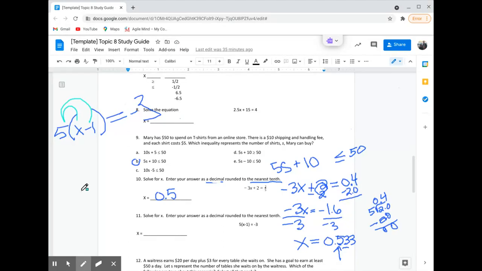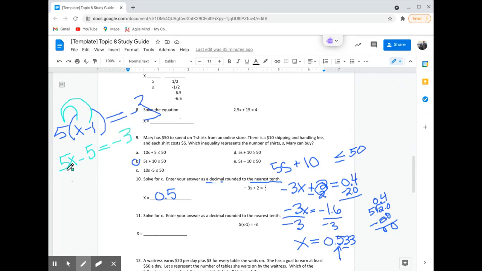Starts with a D. Distributive. The distributive property. So we do 5 times x, and we get 5x. And we do 5 times negative 1, and we get negative what? 5. Correct. And so this is equal to negative 3.